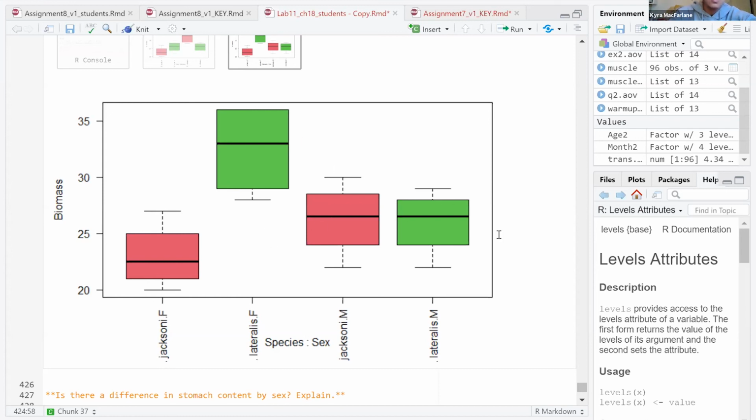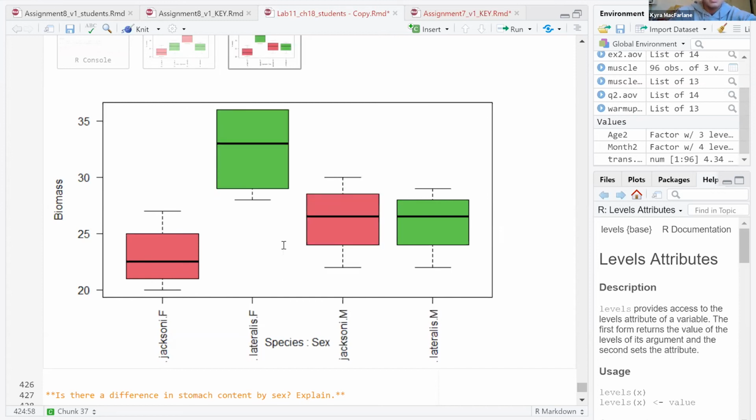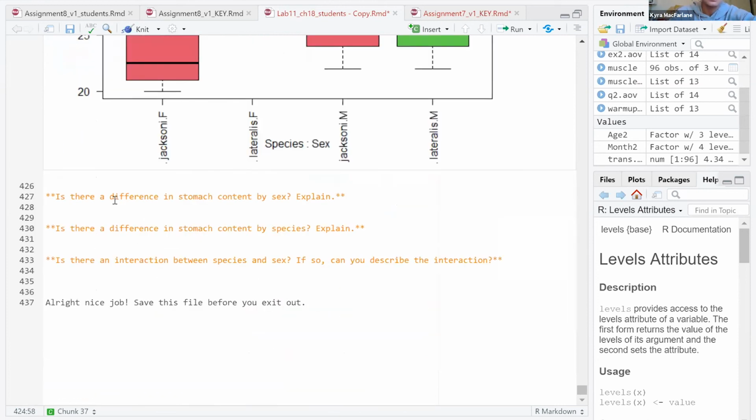We'd see that it's lower, which is the same thing we got from this figure. But this one actually makes, I think, the interaction a little bit clearer, where we see that for males, they're the same, regardless of species. But for females, stomach content biomass differs by species. So those are our results. Is there a difference in stomach content by sex?